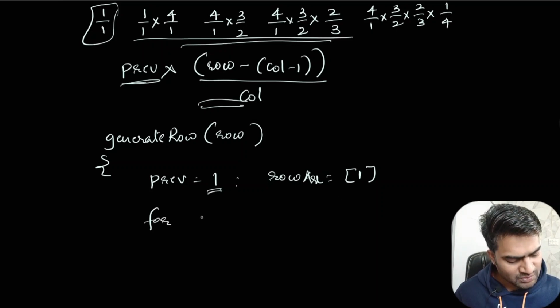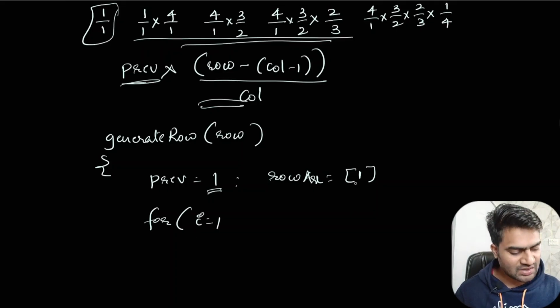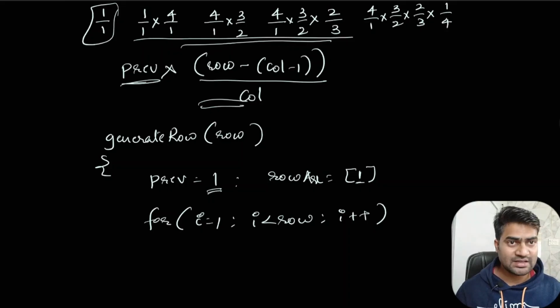Now I will say i equal to 1. I won't start from 0 because the 0th value we already have, which is 1. i equal to 1, i less than row, i plus plus.